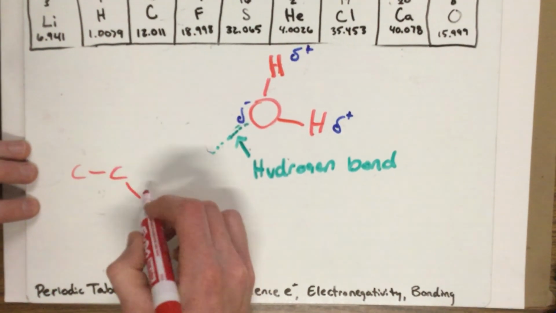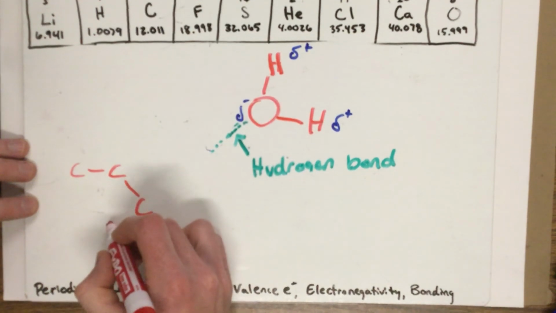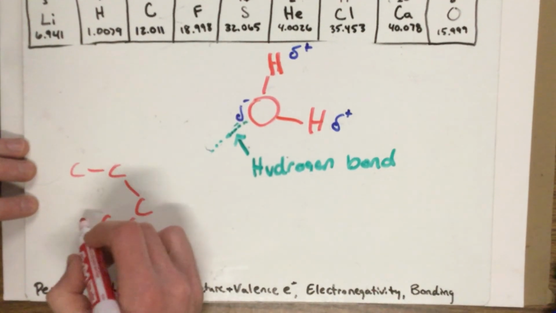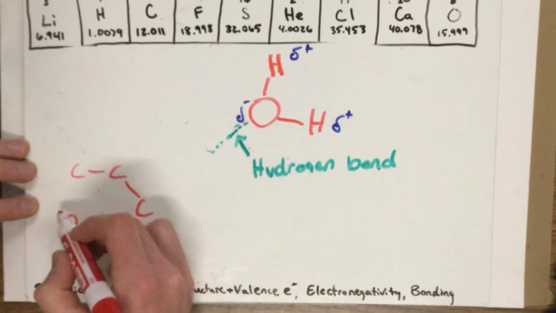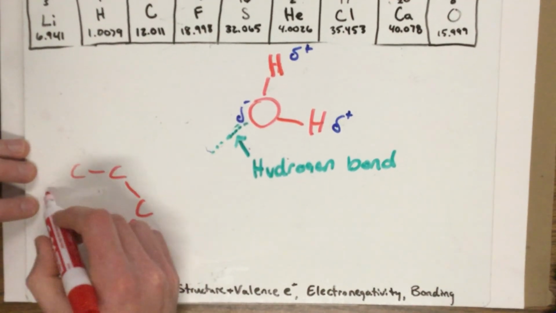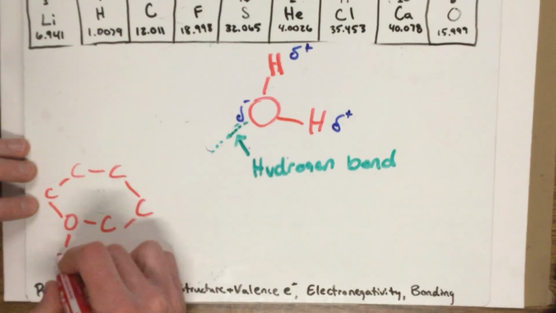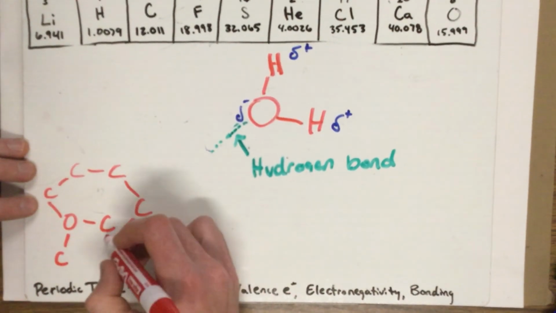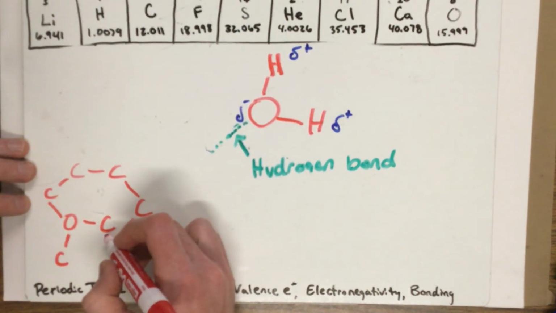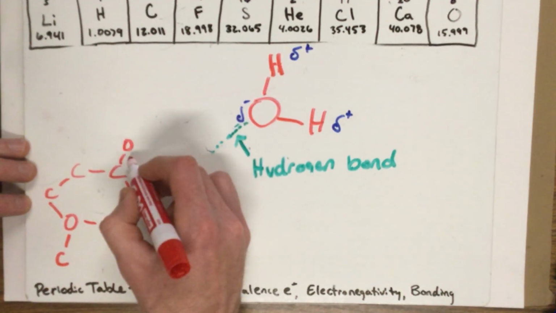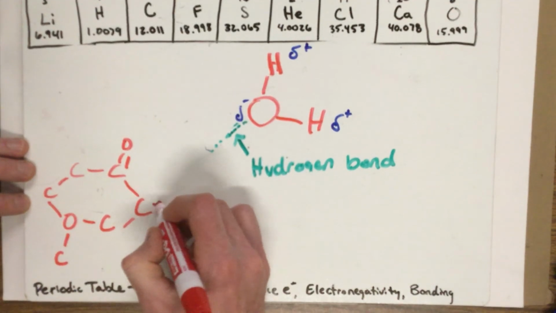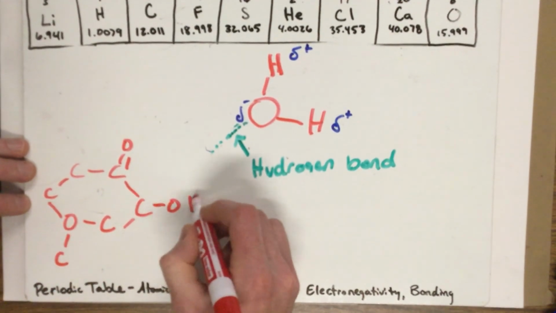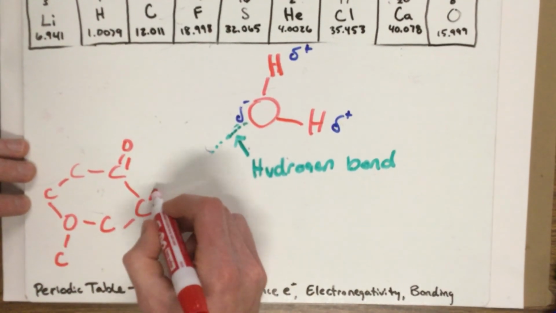C. Let's go with the O right here. There's C over there. There's a bunch of O's and other things coming off of here. Let's go with this one being double bonded to an O. O and H, and then this one has an H.